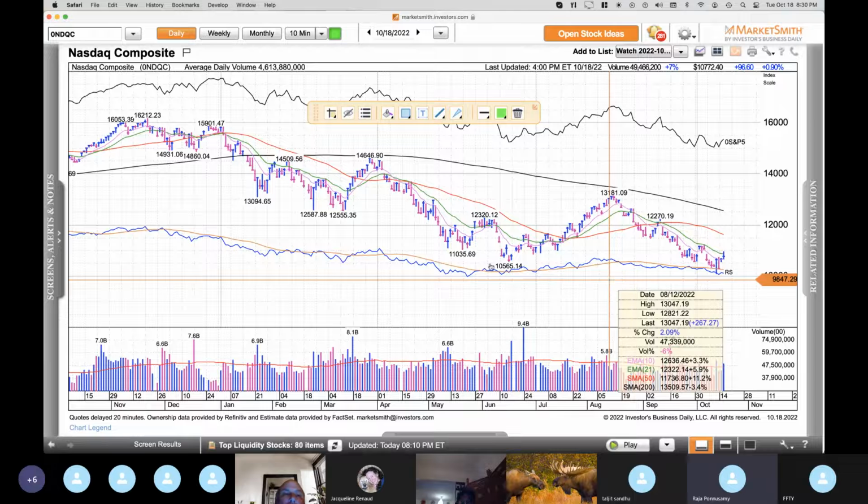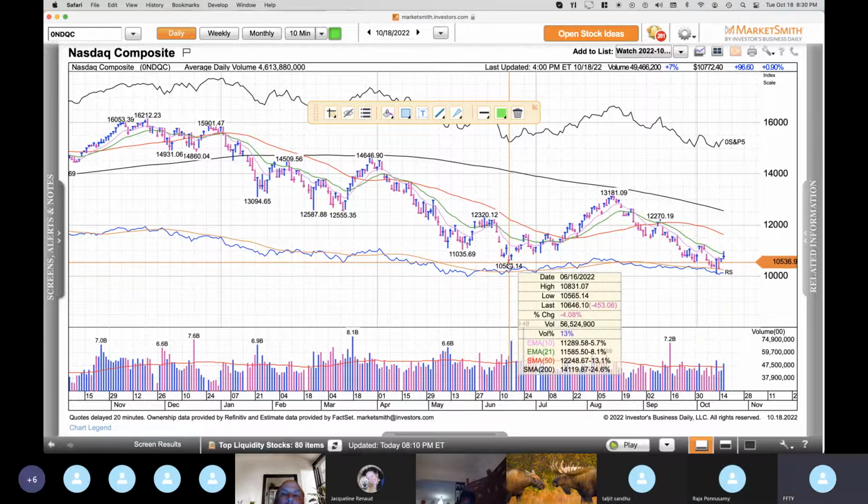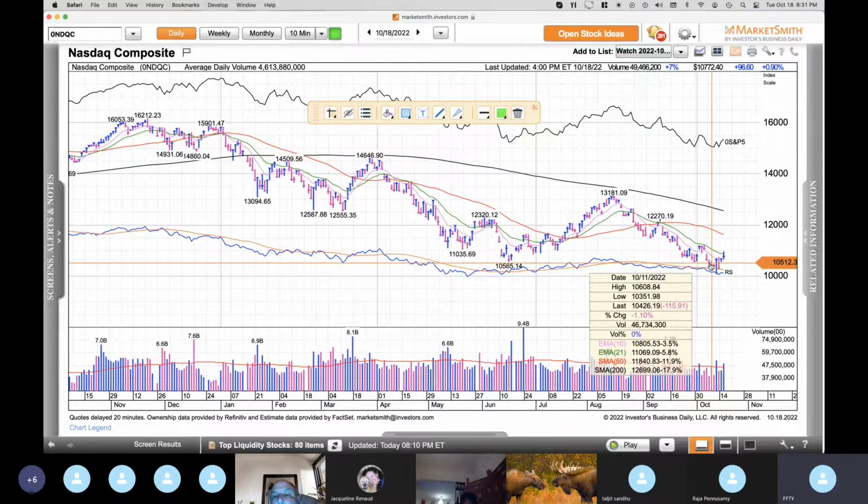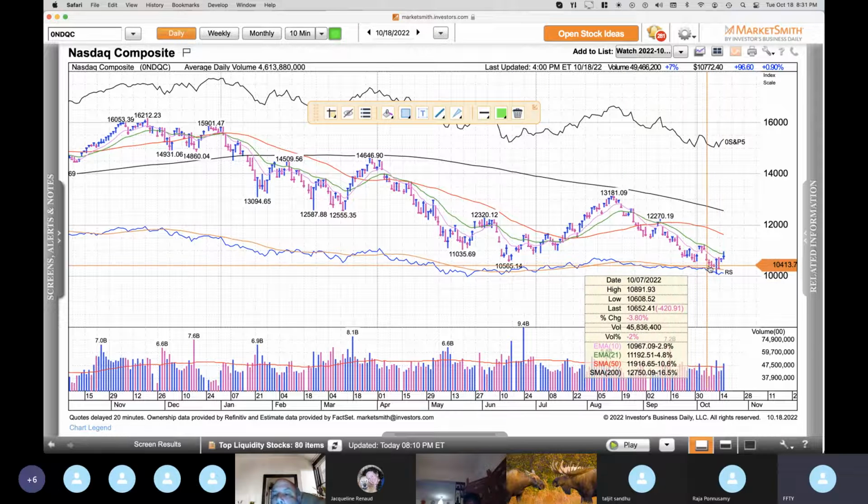Okay. So again, the concept is we have a low from 20 days ago, and we need to check this low. That happened on these days, but we have to close above the high of the checkout bar, in this case 10,669.93.